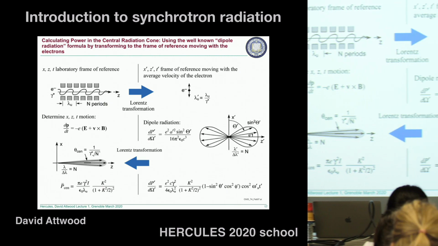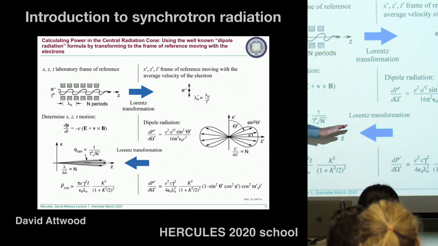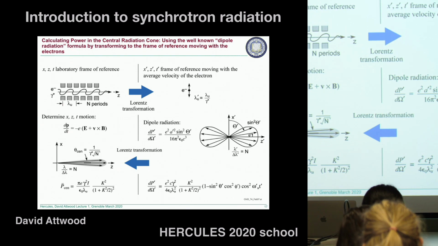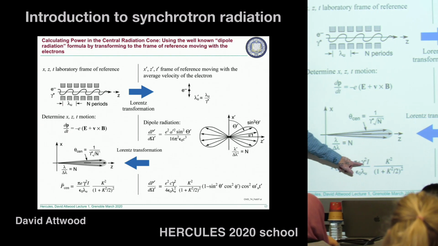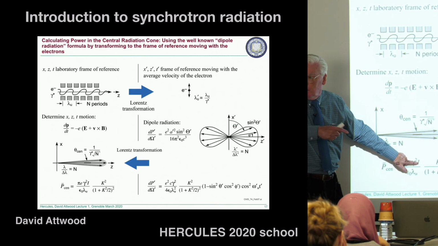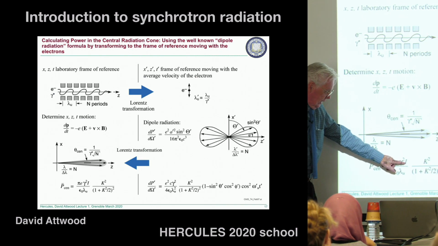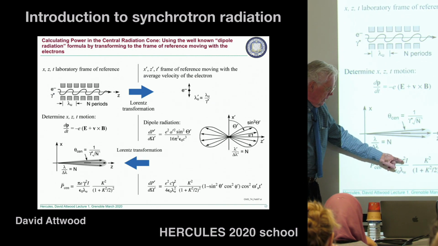We're just going to take the part in the central radiation cone. It depends on gamma squared, and it depends on the current in the machine, how many electrons are going by per second. So it depends on gamma squared and I.